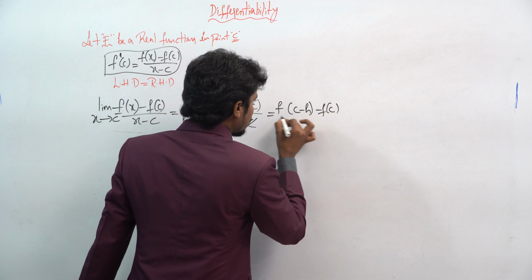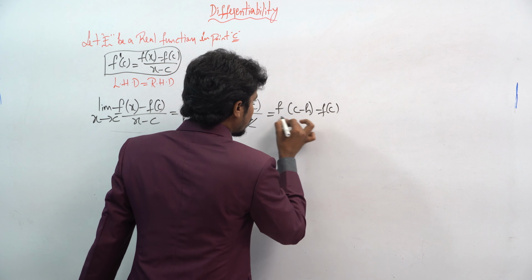For the right hand, what will happen? If I apply the limit x tends to c plus, this is f of x minus f of c divided by x minus c. This becomes the limit h tends to 0 of f of c plus h minus f of c divided by c plus h minus c.